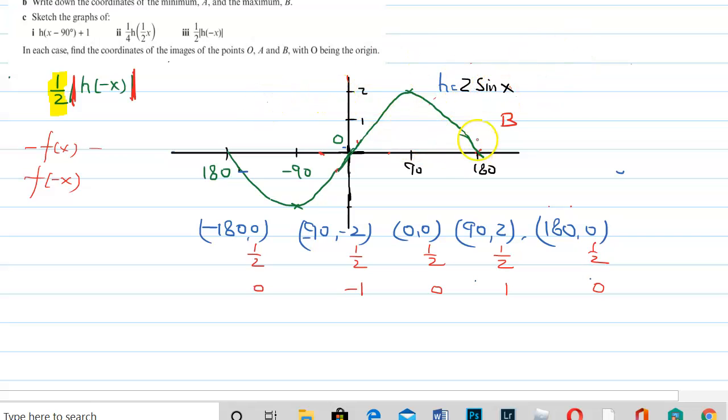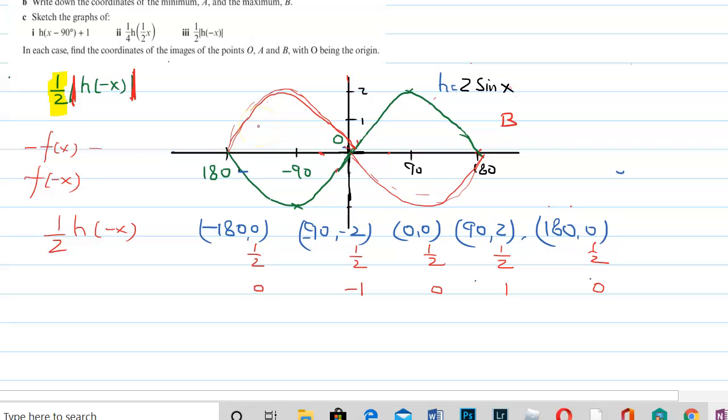For example, this part will come here and this part's mirror image will go there. That is if it is half h minus x.